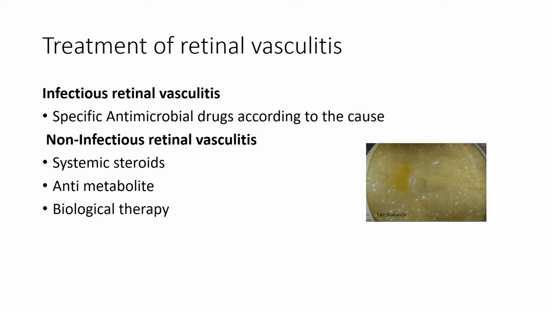Class 3, biological drugs, which are targeted immunomodulating drugs, such as infliximab and adalimumab, are used in refractory or recurrent cases not well controlled with steroids and conventional immunomodulating drugs. However, biological drugs can be used initially in particular cases of retinal vasculitis, such as Behçet disease and connective tissue vasculitis.